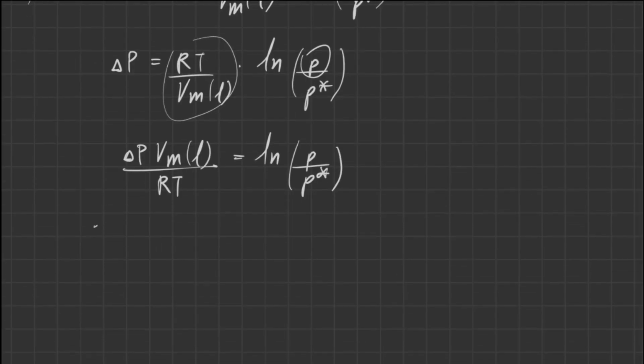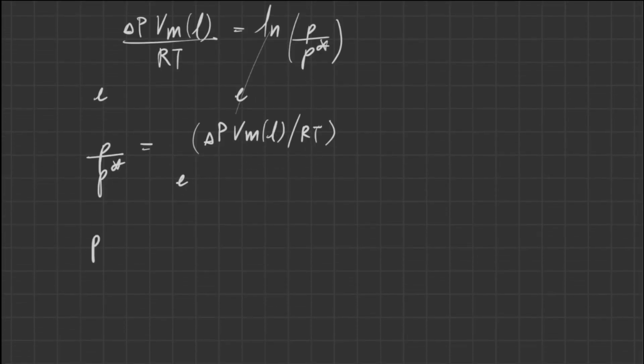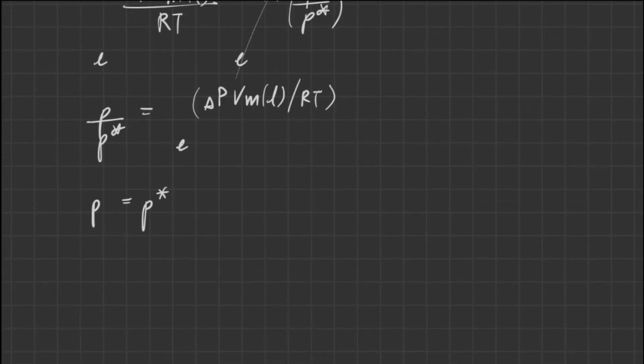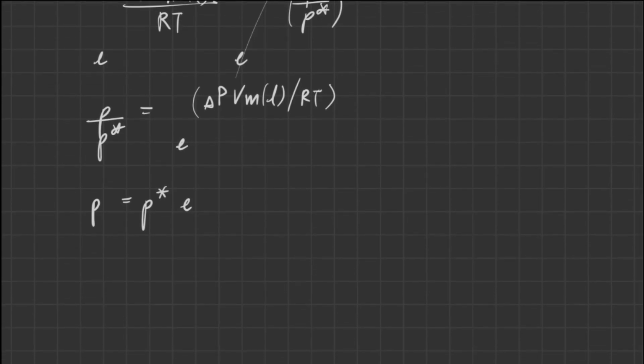Now we raise to the power of e, so p over P star is equal to e to the power of change in total pressure times the molar volume of the liquid divided by RT. And then finally p is equal to P star, the vapor pressure of the pure molecule, multiplied by e to the power of delta P times the molar volume of the liquid divided by RT.